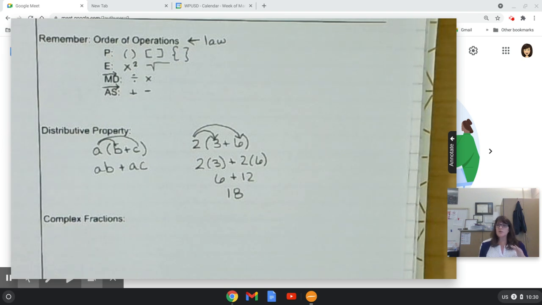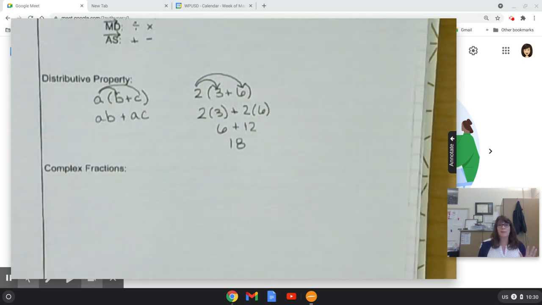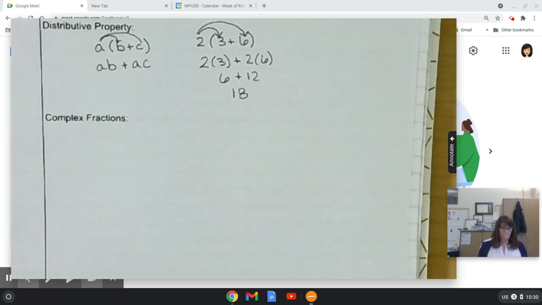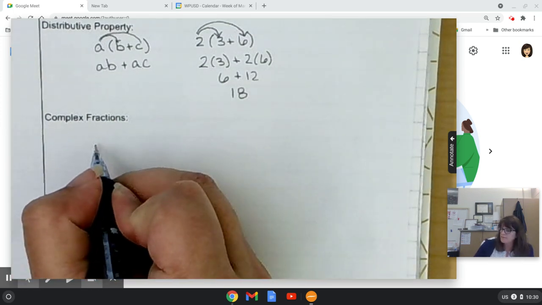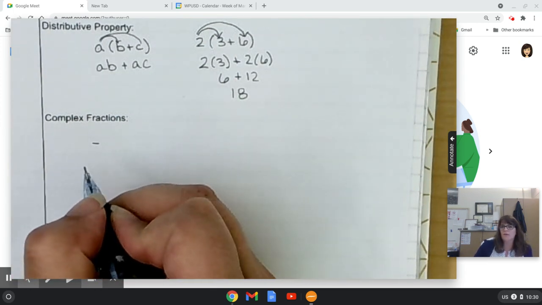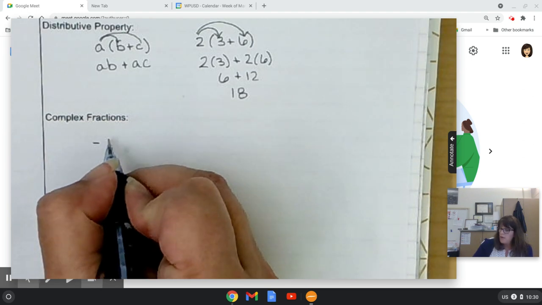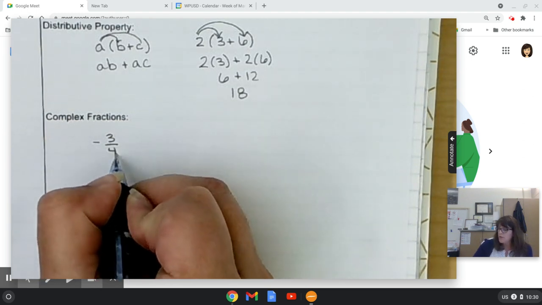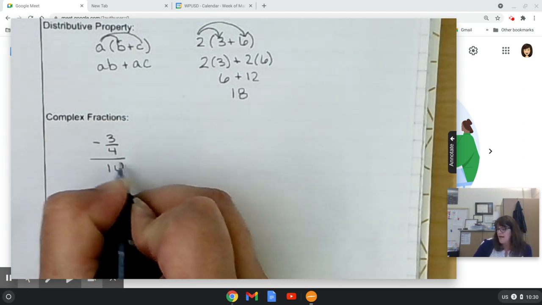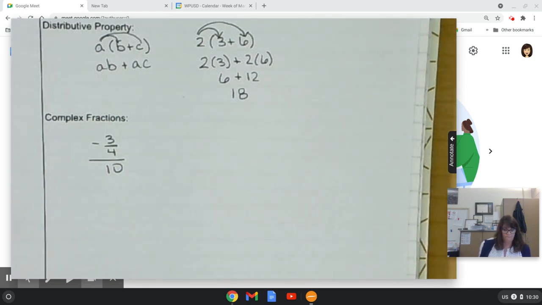But the second method is just as good and might help you guys. Okay? So we have the fraction, and this would be really common in ratios. Negative 3/4 to 10. What? What? Yep. I like to call complex fractions double stacks.